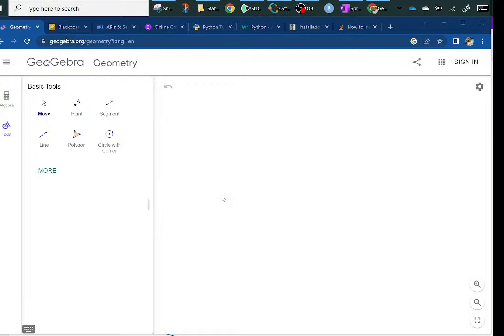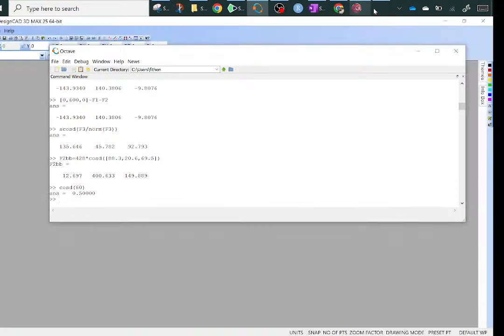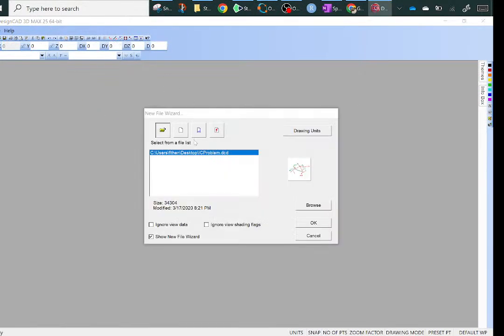That thing is, for some reason, not giving me what I usually see there. So I'm going to put it in a CAD package. I'm going to put the actual vectors in there and see what I end up with. So I'll do a new one.